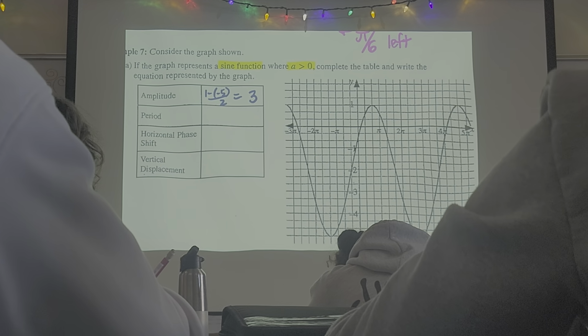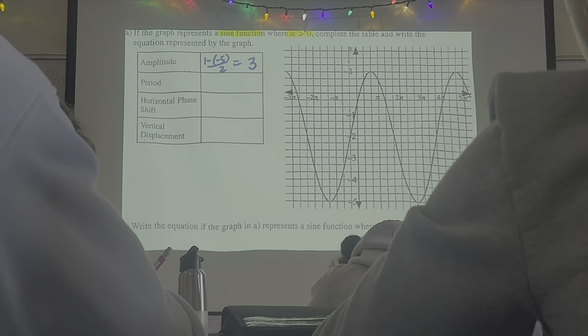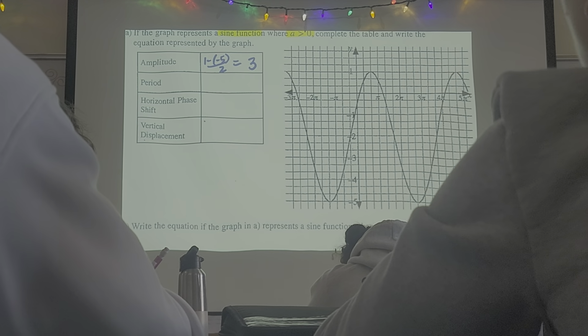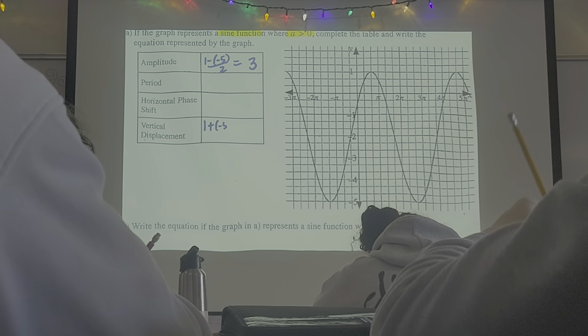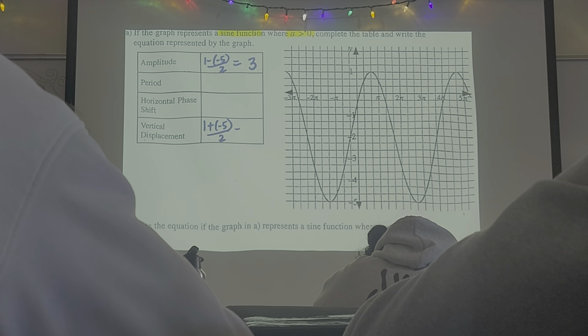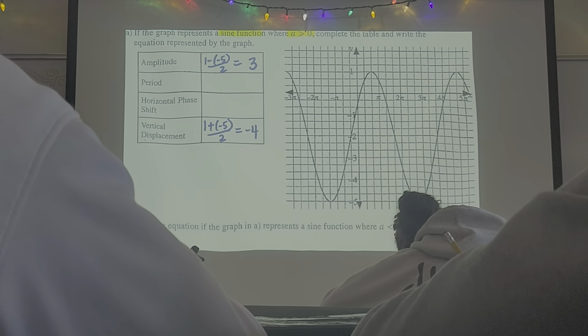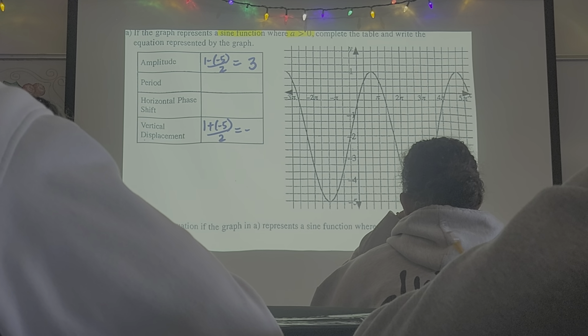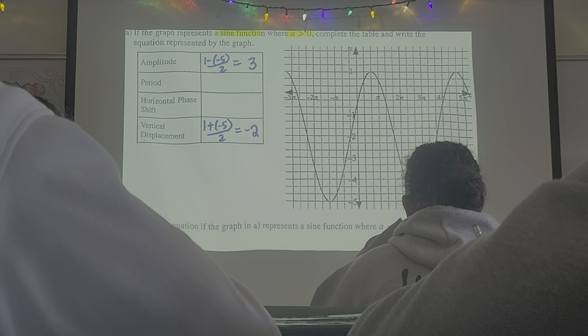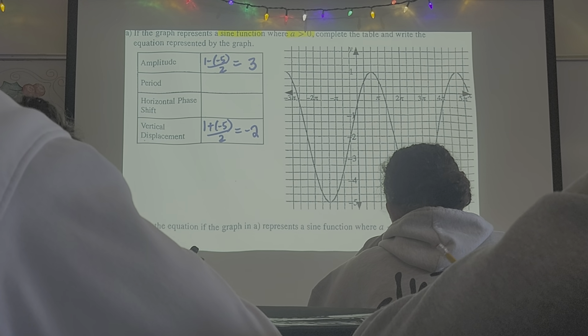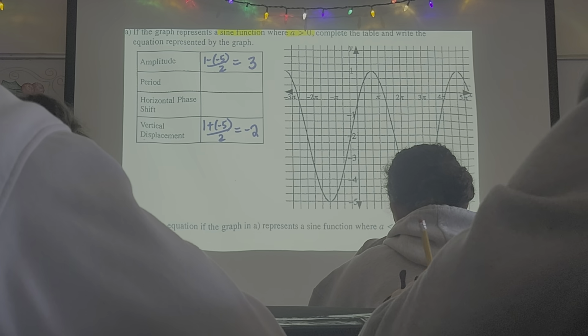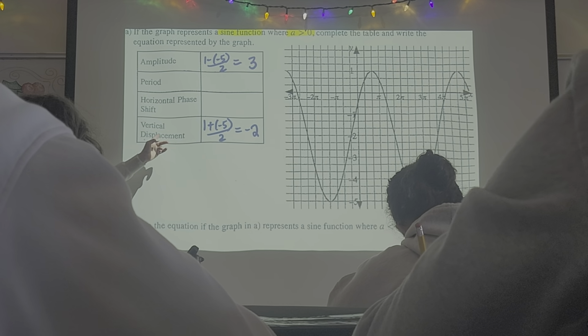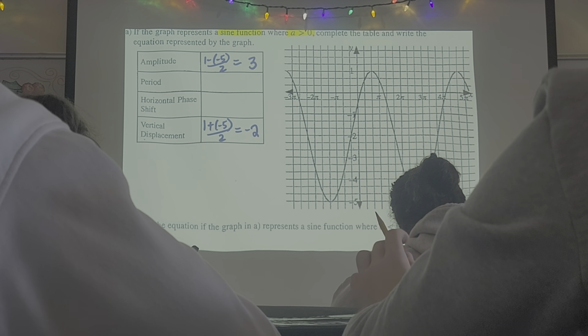What is our vertical displacement? Max plus min over 2. Negative 4. No, negative 2. What this negative 2 means is how far our graph has moved up or down.